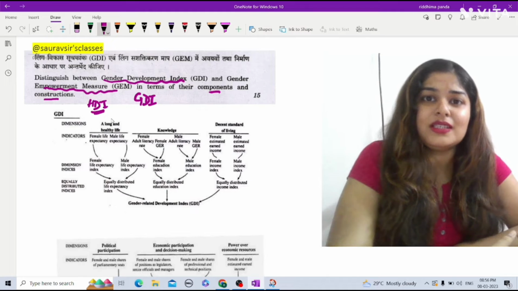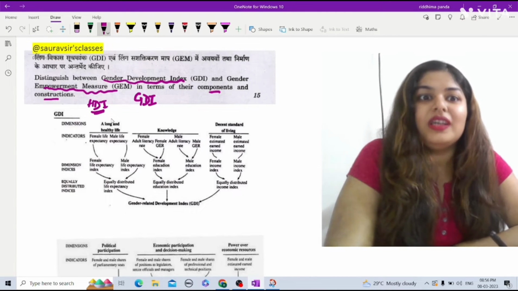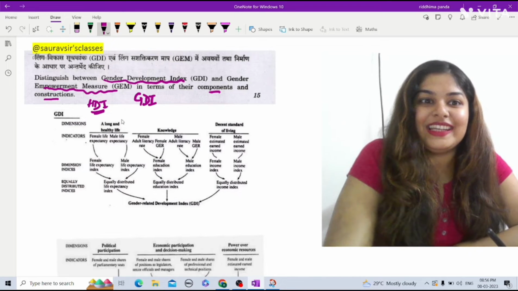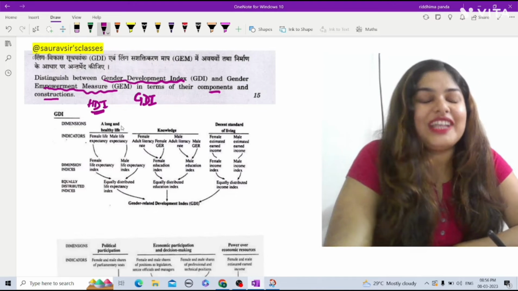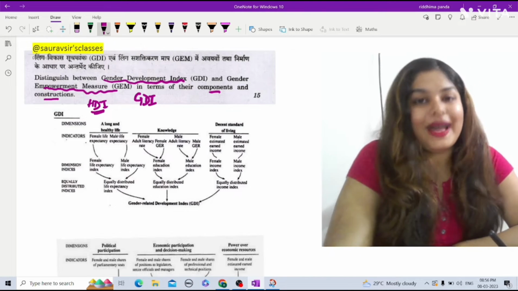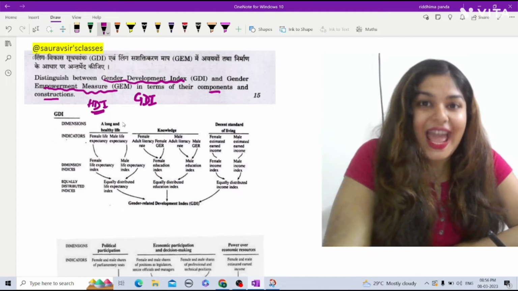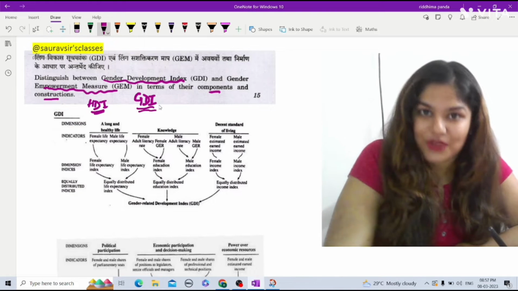These three parameters together calculate HDI. While calculating HDI, nothing can be said about gender inequality and gender bias. So to focus on that angle, the Gender Development Index was constructed.